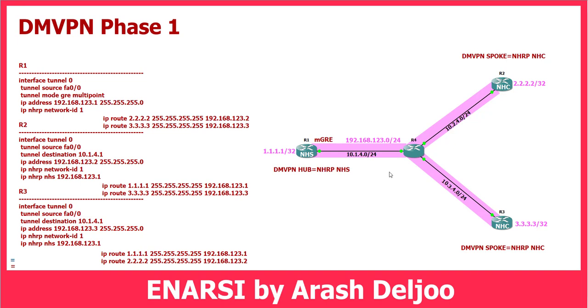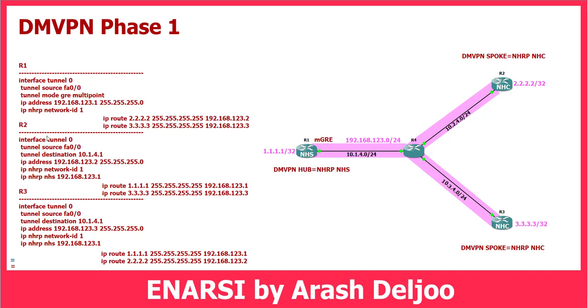As a best practice, it is better to configure the same network ID. After that, as you can see here, we have two static routes: ip route quad 2 with next hop 192.168.123.2, and then ip route quad 3 with next hop 192.168.123.3. I have explained these commands and how the traffic is forwarded from router 1, so I don't want to repeat them.